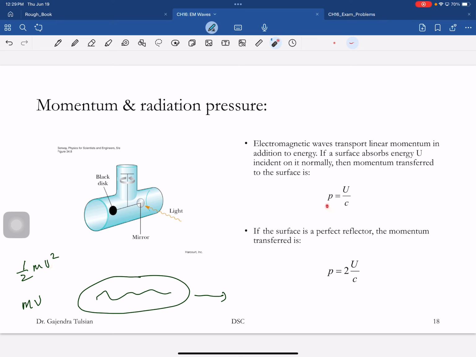So the same thing for this light beam, the momentum of a beam is the energy contained in the beam divided by c. Now it turns out that if the light beam is reflected, the momentum transferred to the object is twice that amount. Okay, so if a beam is absorbed, this much momentum is transferred to the object. And if the beam is reflected, the energy transferred and the momentum transferred to the object is twice that.